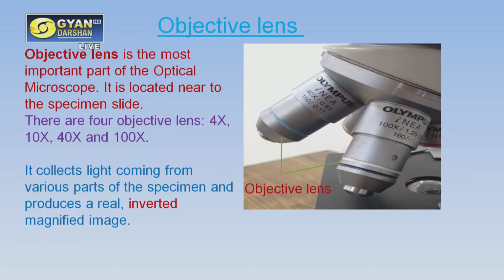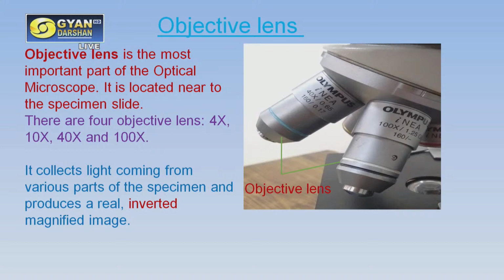Here objective lenses of 4x, 10x, 40x and 100x are used. The objective lens collects light coming from the specimen and produces a real, inverted, magnified image.